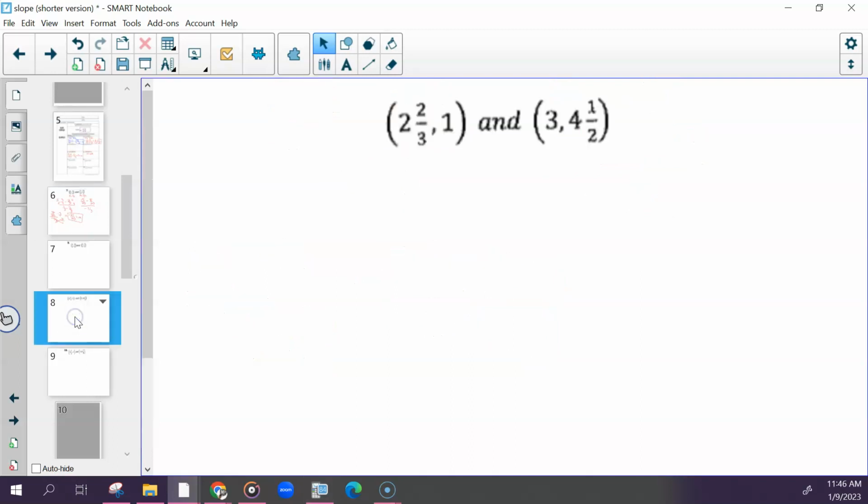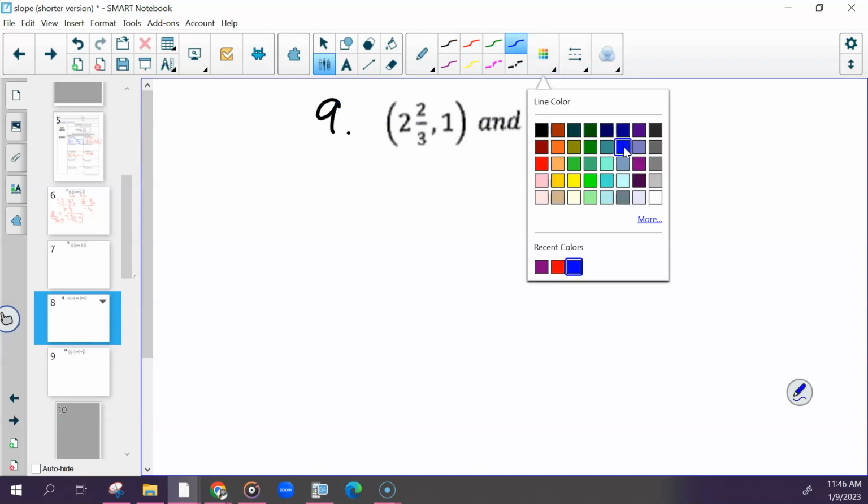Let's do one more. I think this is number 9. These ones have mixed numbers instead of improper fractions. You need improper fractions before you can solve this. Whether you convert these by hand or in a calculator does not matter.